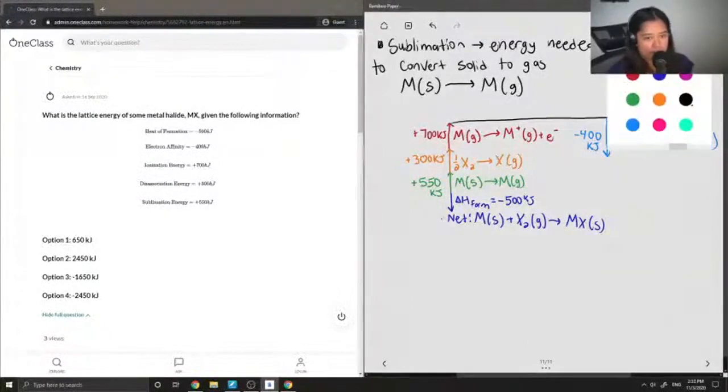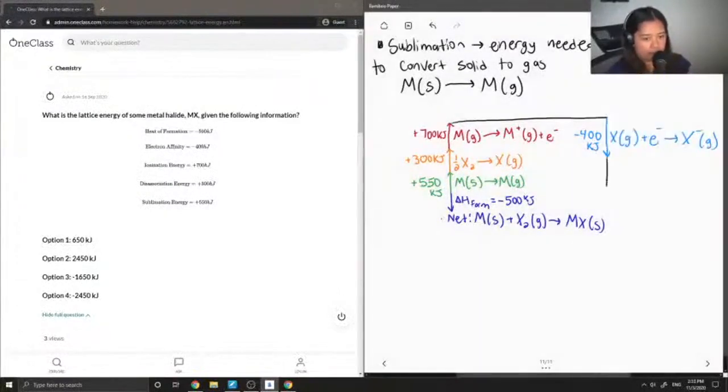And what also released energy is the value that we're looking for, called lattice energy.